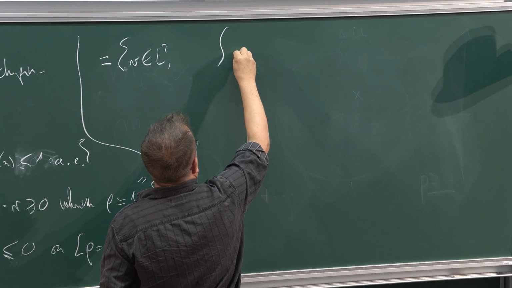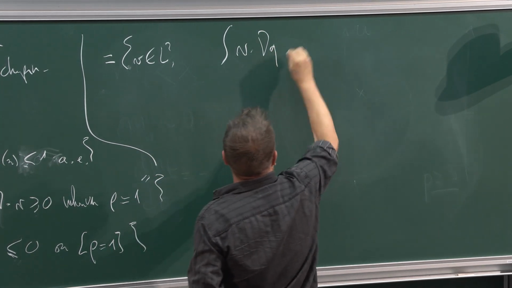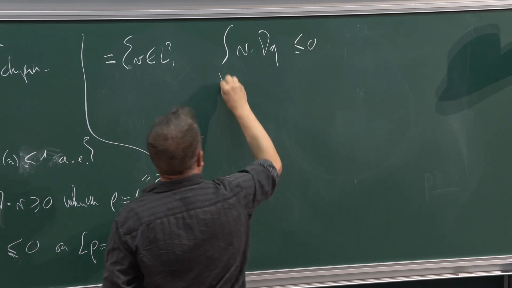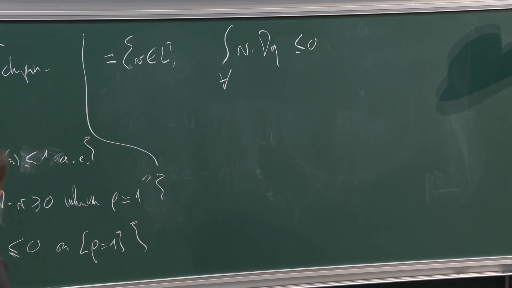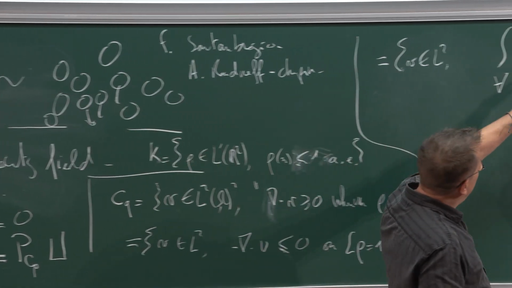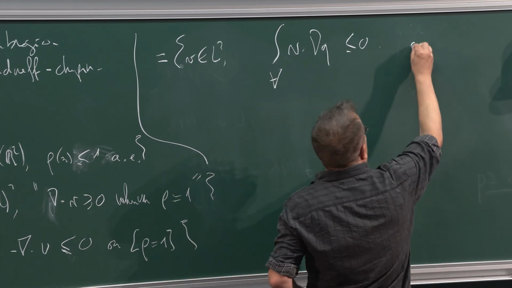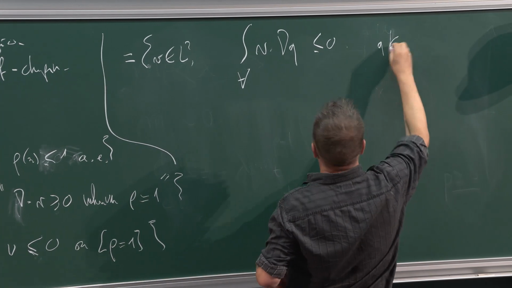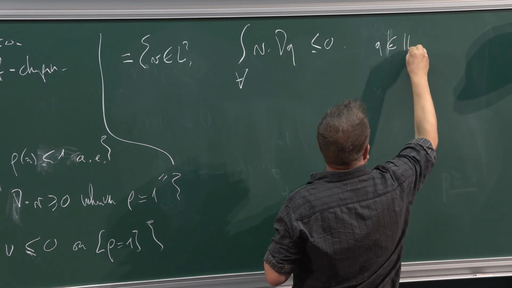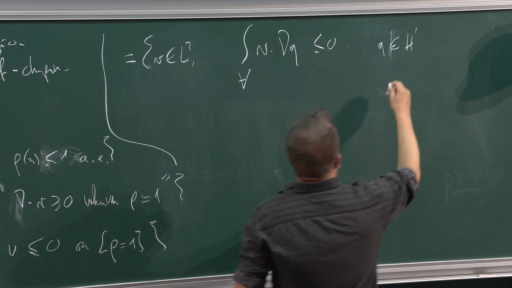It's such that the integral of V dot gradient of q is less than 0 for any q. You see, I multiply by a test function, I integrate by parts, and I have the derivative carried by the test function that is regular. So I take a function such that the gradient is in L2, that is called, even if you're not too familiar, the Sobolev space H1.